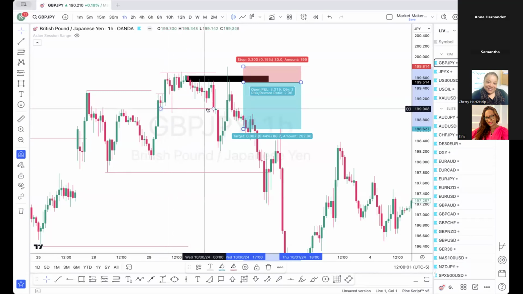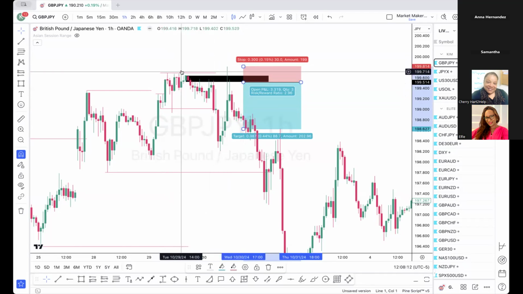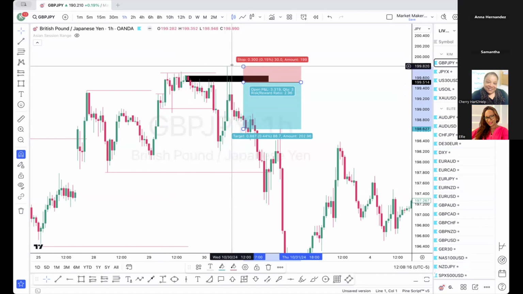So once I get a break of structure, I mark up my institutional candle or my supply zone. And like I said, I would have hedged this over above here and a few pips above. But as you can see, it would have gotten me in, and then I would have had a hedge selling.